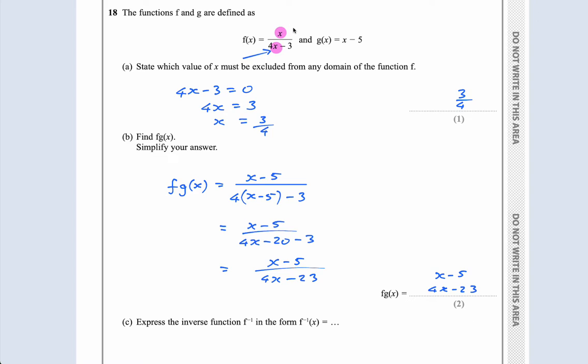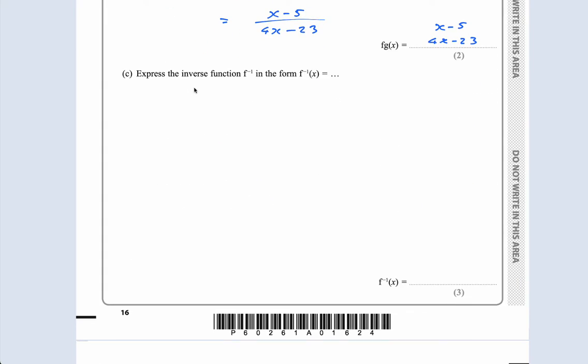So I have f of x equals x over 4x minus 3. Okay, this is how we find the inverse function, guys. We let y equal x over 4x minus 3. Then we swap x and y.